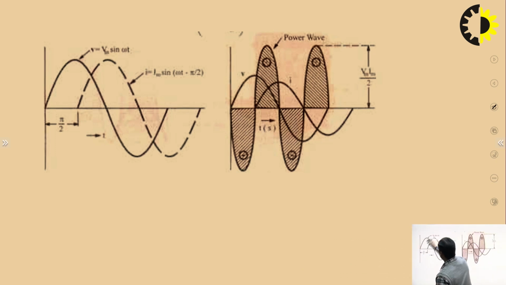you can say that the current is lagging behind the voltage. This is the voltage waveform, Vm sin omega t. The dotted one is the current waveform, which is lagging behind by pi by 2.